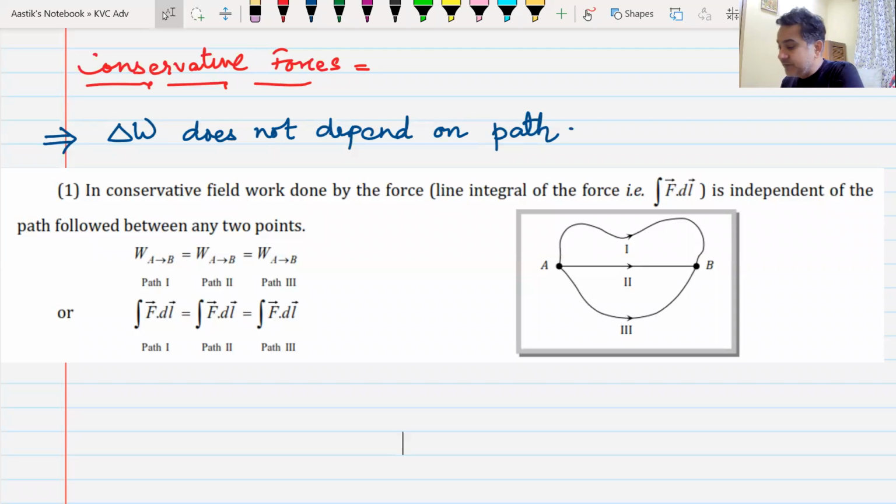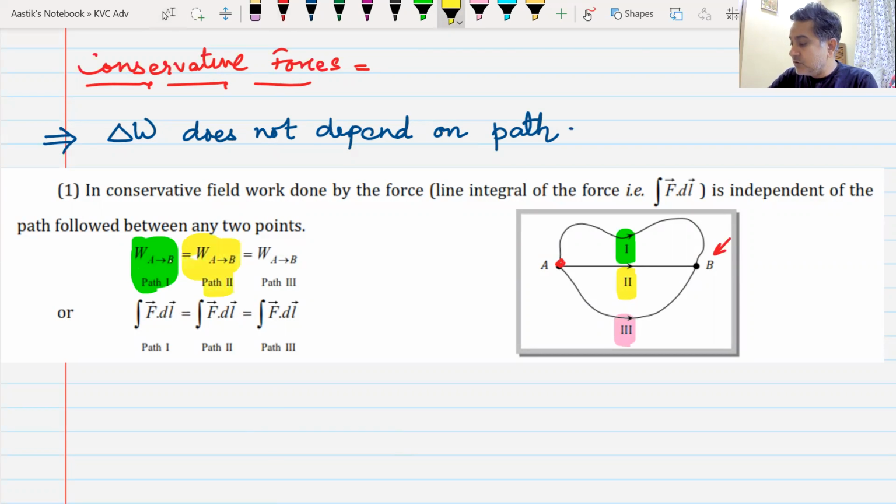If you have any conservative force and if I move a body from point A to point B by path number 1 or path number 2 or path number 3, the work done by this conservative force through any of these paths is equal. In path 1 the work done is the integral of F dot dl over path 1. Again for path 2 I write F dot dl over path 2, and for path 3 also F dot dl over path 3.